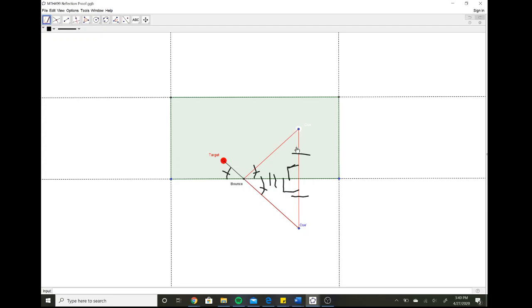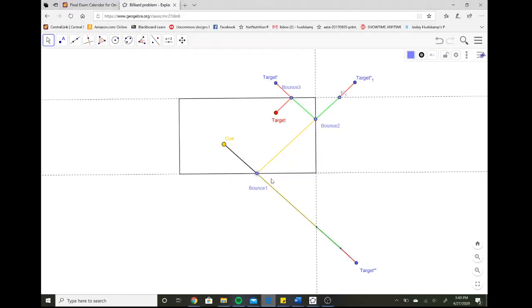So by using our reflection method, you are getting a congruent angle of approach and angle of departure. So that does show the path that the cue ball will be taking to hit the target, which is very cool.